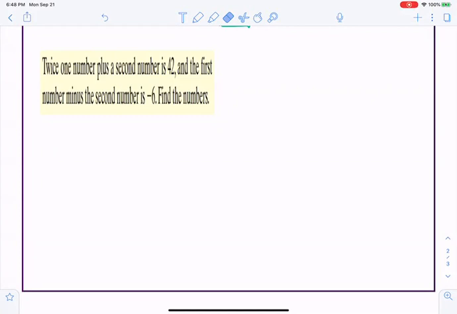So I guess I could call the numbers A equals the first number, B is the second number, and what do we know? We know that twice one number plus the second number is 42.